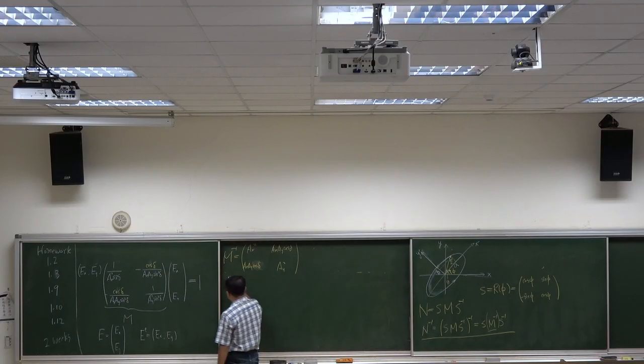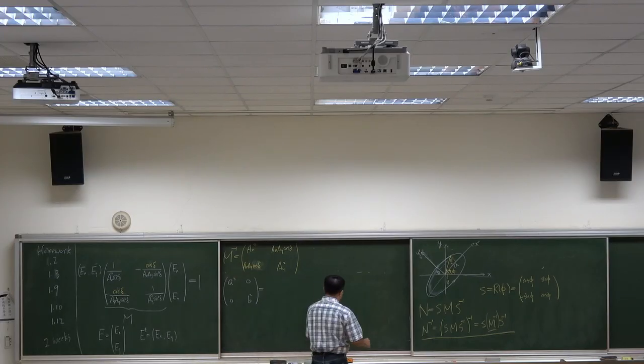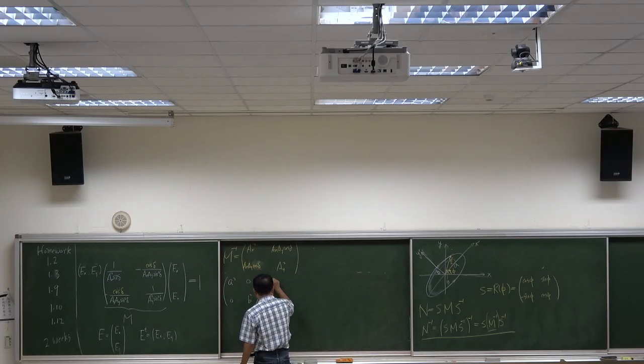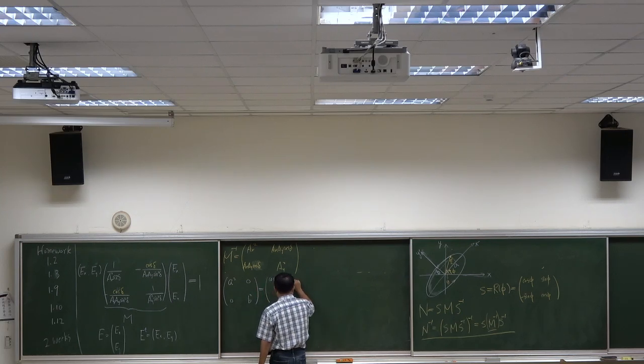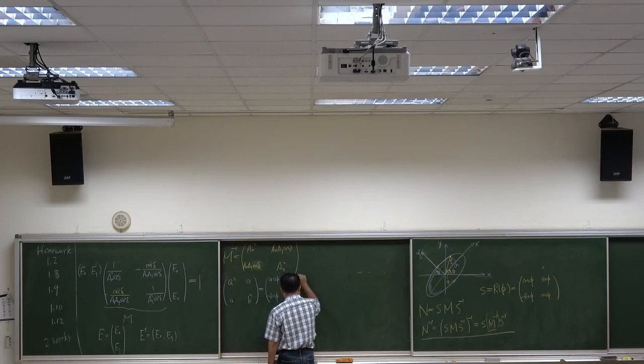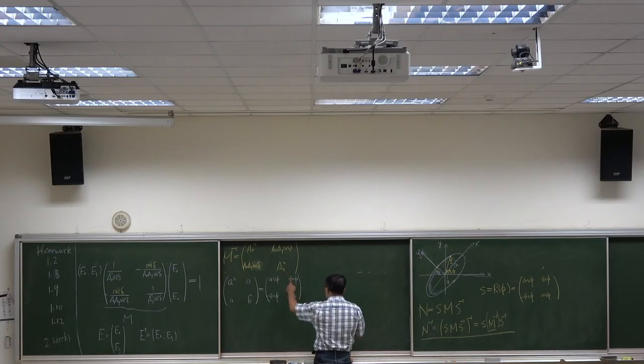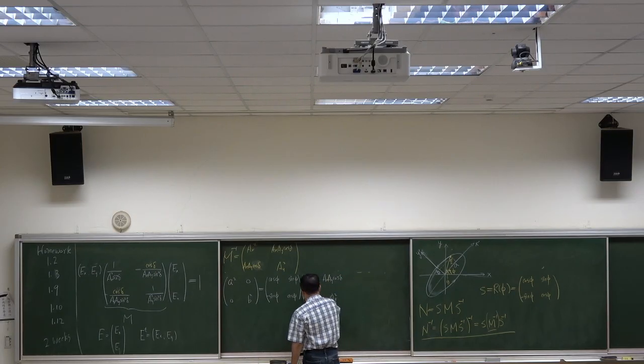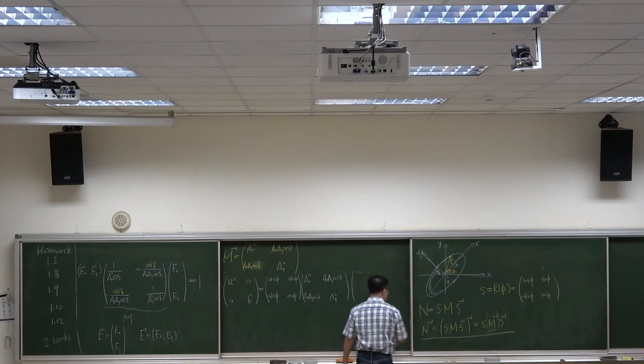So now N inverse is a squared, 0, 0, b squared. This is equal to S times M inverse times S inverse.